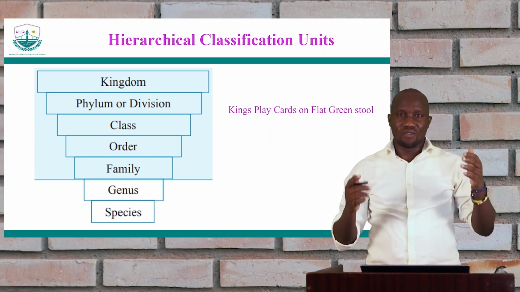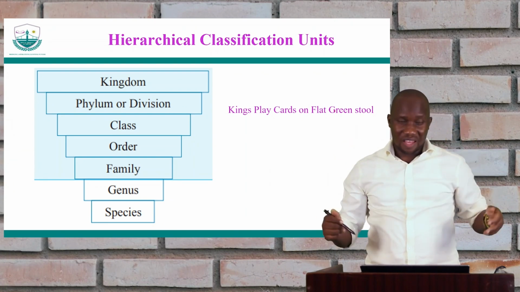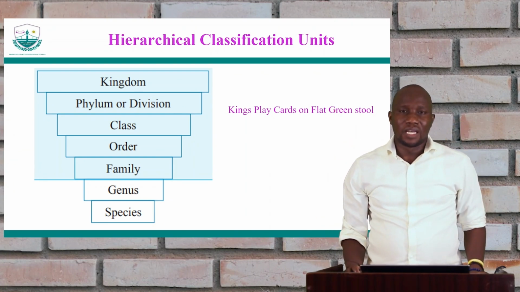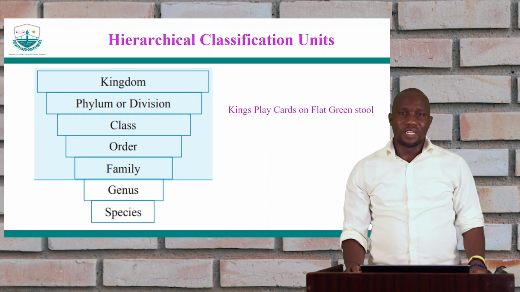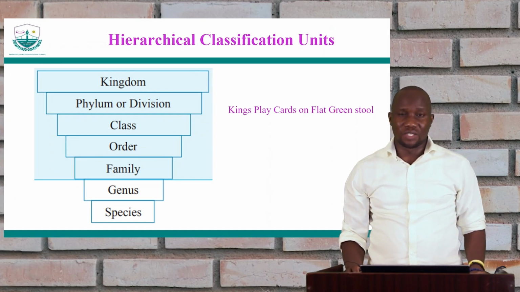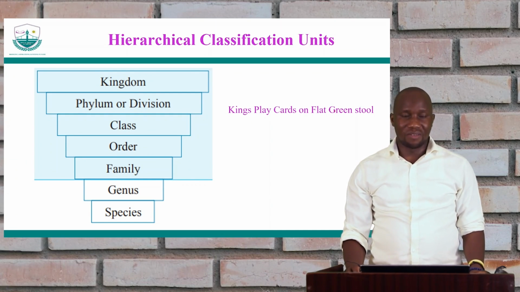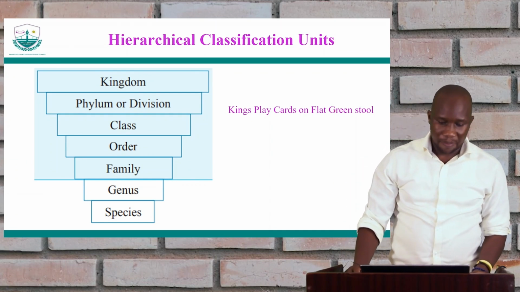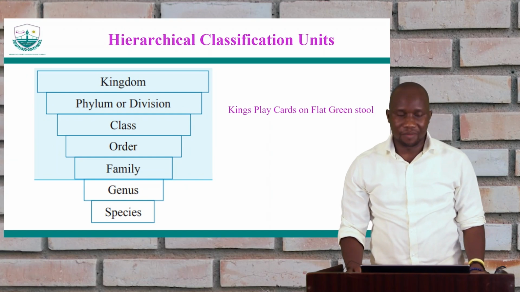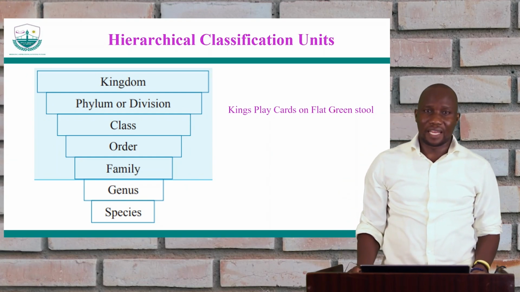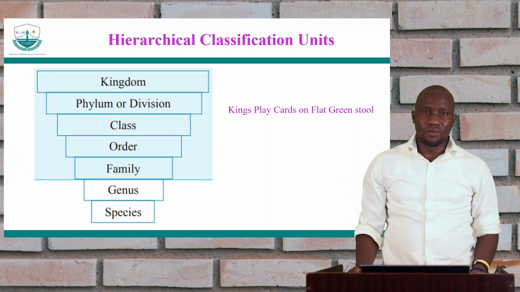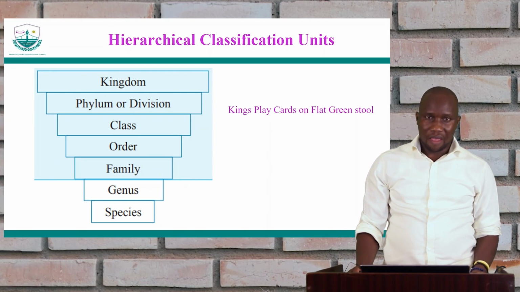We move from one level to the other until we reach the smallest classification unit. So we start with the kingdom, the phyla or division, class, order, family, genus, and species. This order is not supposed to be changed, so it's important to remember it.